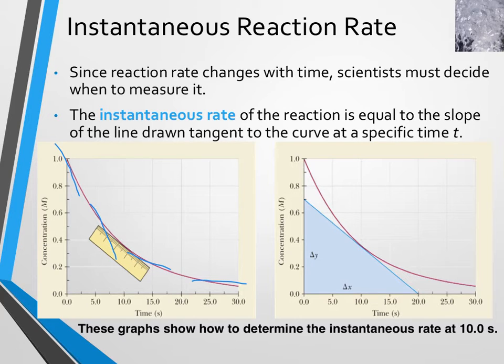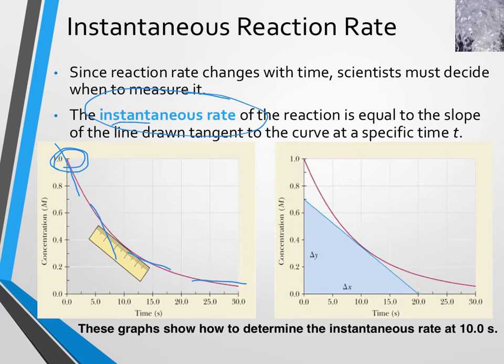Where do you measure it? If it's constantly changing, what rate do you report? There are a couple of different points at which rate is recorded, but obviously the scientist has to be very clear about where it is. One of them is called an instantaneous rate, and those are typically done very early on.